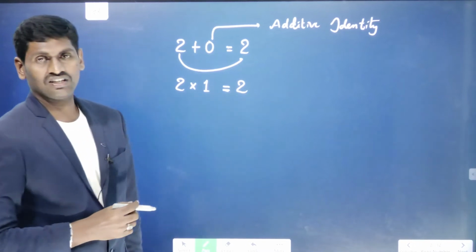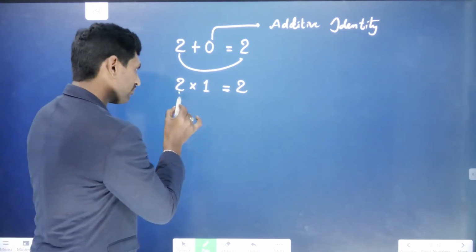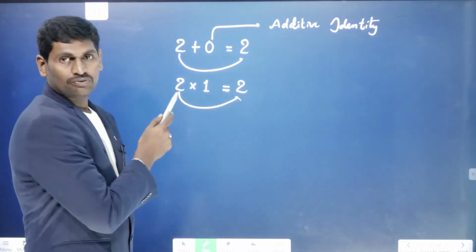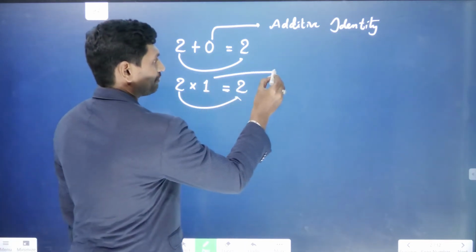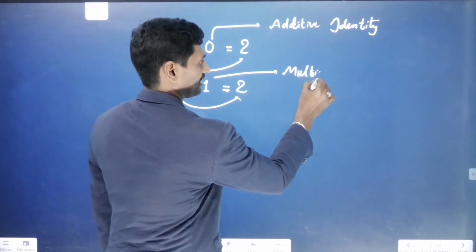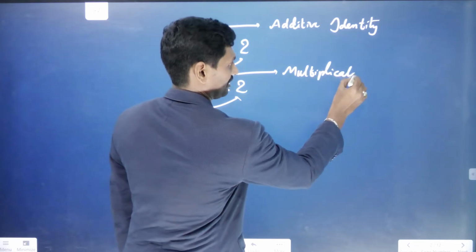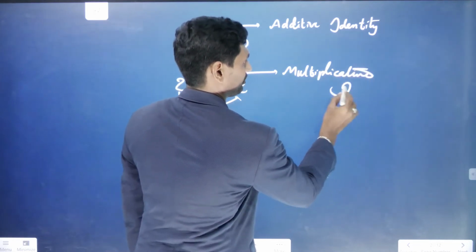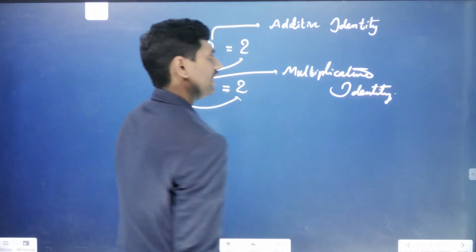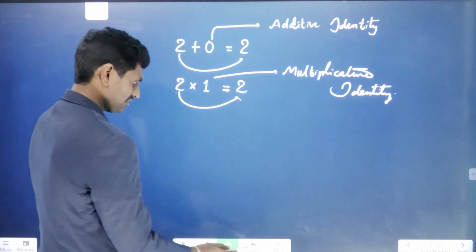So 2 times 1 is 2. Under multiplication, 1 is helping here, so 1 is called the multiplicative identity.